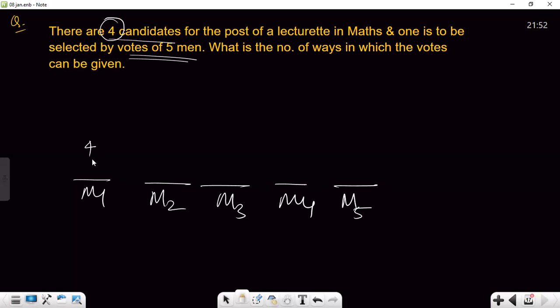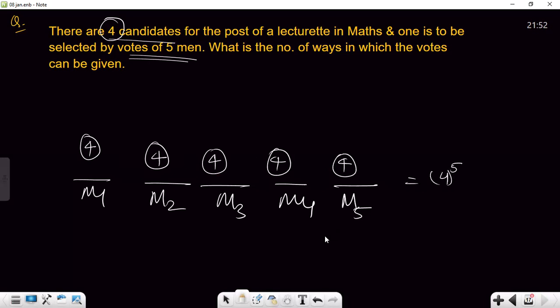So four choices here, four choices with M2 also, four choices, four choices. So four getting multiplied five times. This is the answer. And what most students make a mistake in here is writing it otherwise, writing candidate one, candidate two at the places, and they end up giving wrong answers.